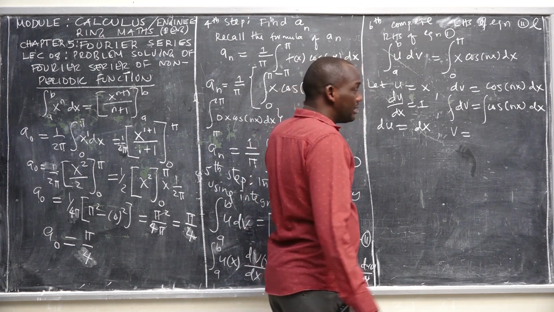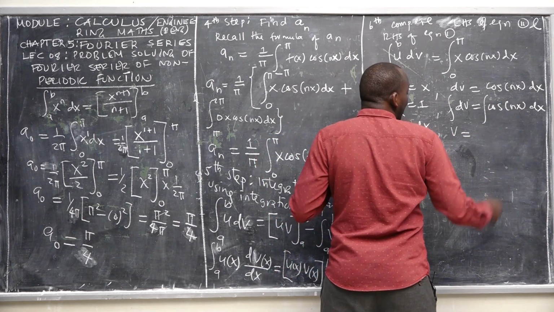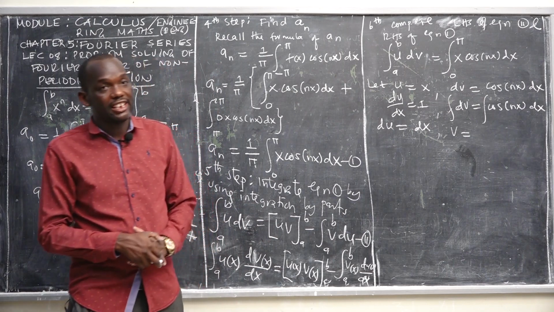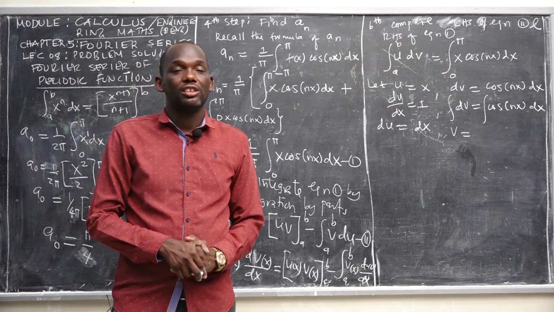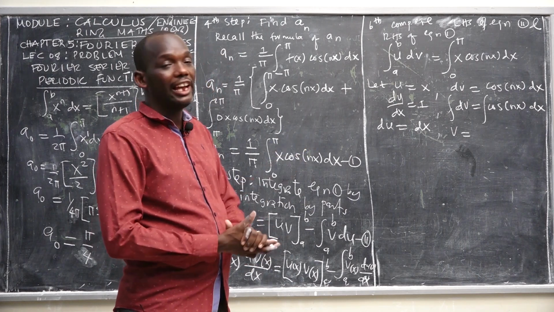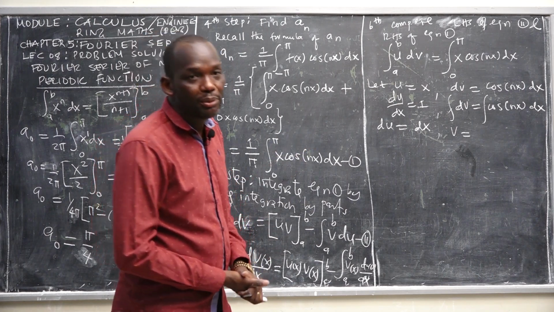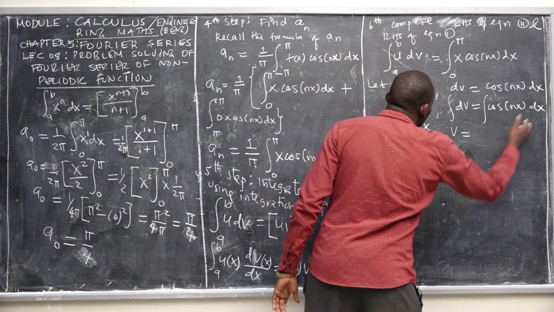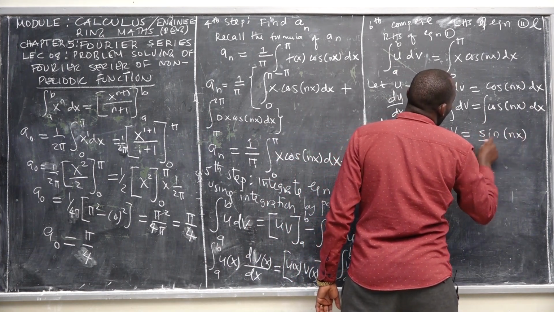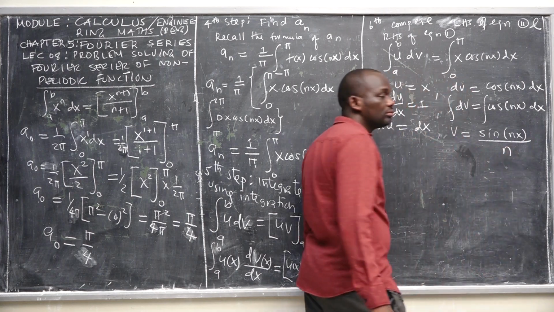Okay? Then we are integrating cosine of nx. I have told you, whenever you integrate cosine of x with respect to x, the response is sine of x. But because we're integrating cosine of nx dx, the response will be sine of nx over n.